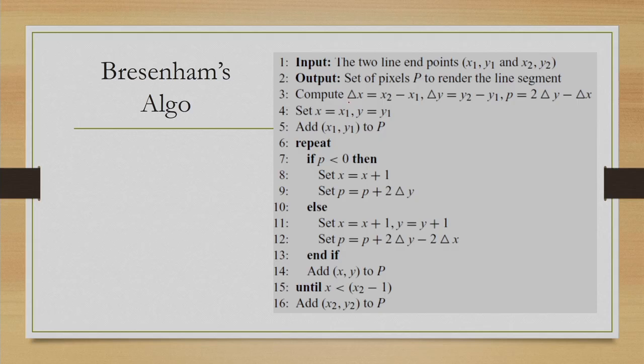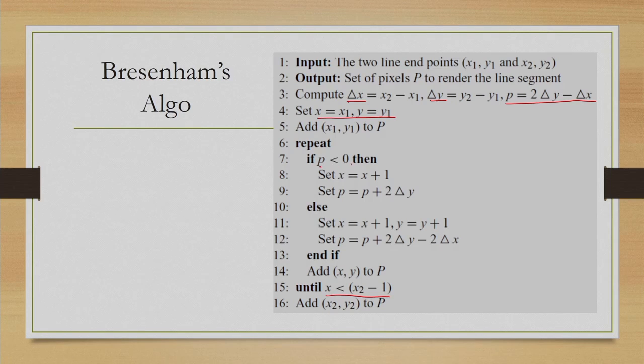We first compute these differences between the endpoints and the first decision parameter. Then we go inside a loop till we reach the endpoint. We start with one endpoint and till we reach the other endpoint, we continue in the loop.